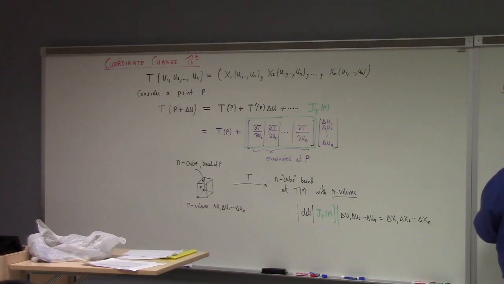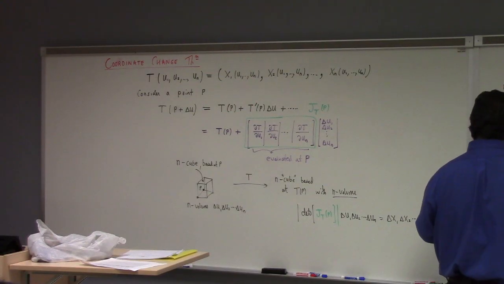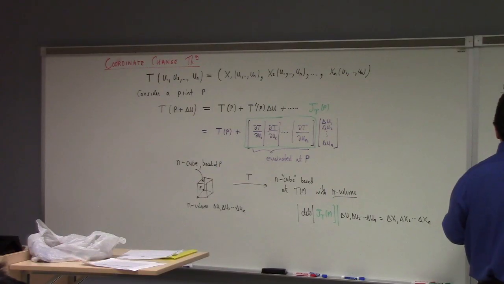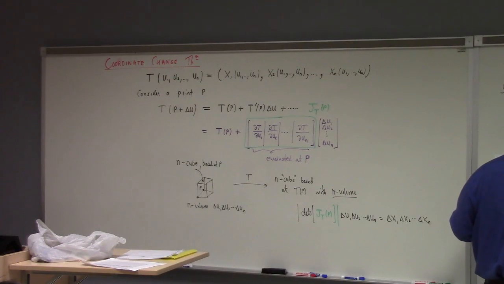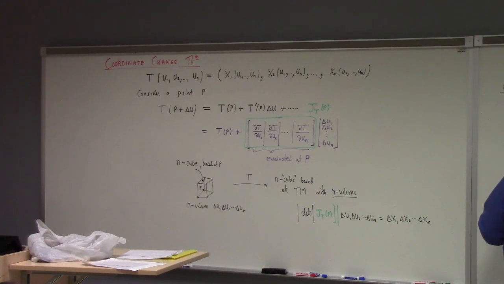And if we had my transformation, wherever it's going to, the Jacobian of T at that point, and then I have to multiply by delta u, delta v, delta w.